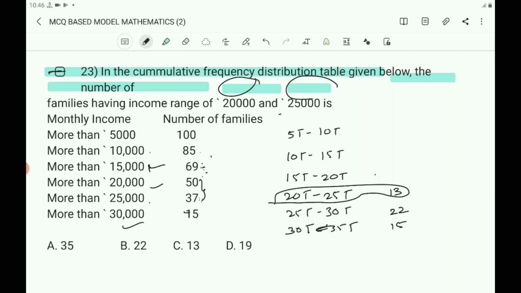How many families are there? There are 13 families. So option C is the answer: 13 families having an income range of 20,000 to 25,000.